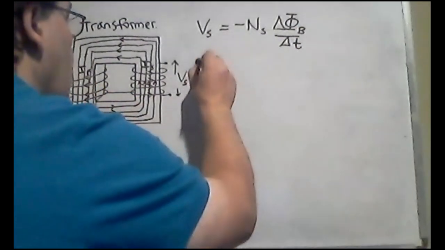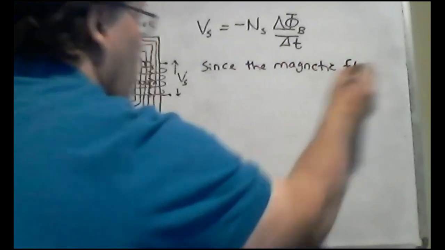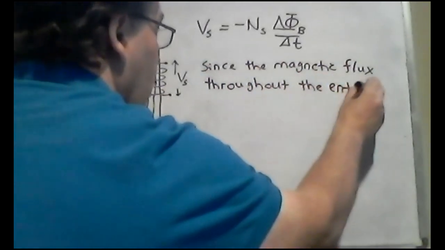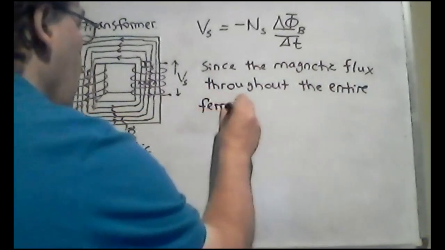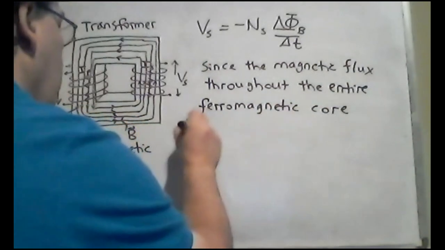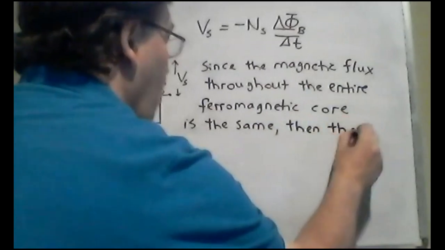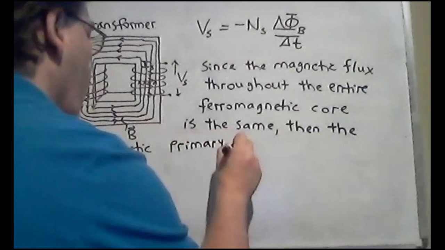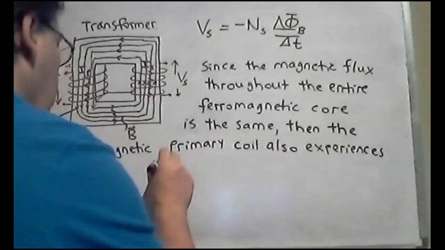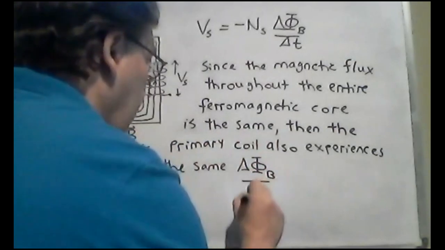Great. Now, since the magnetic flux throughout the entire ferromagnetic core is the same, then the primary coil also experiences the same delta phi sub B with respect to t, the same time rate of change of the magnetic flux.